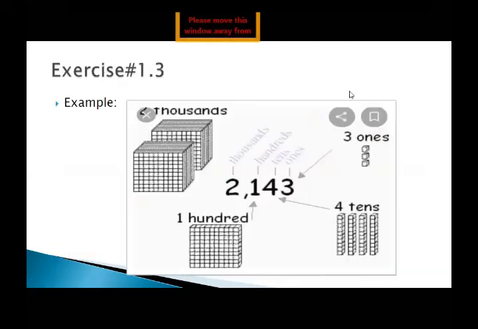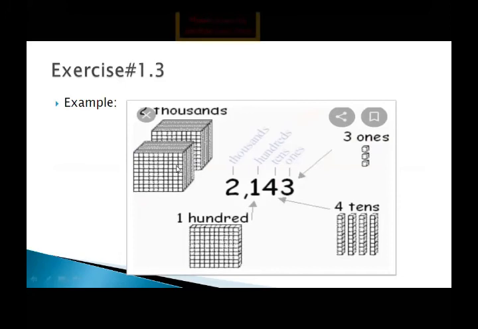Okay, here you see one example for exercise 1.3, the 3-dimension boxes. 3-dimension means here, here, and here. 3-dimension boxes are these. You will look at your screens.